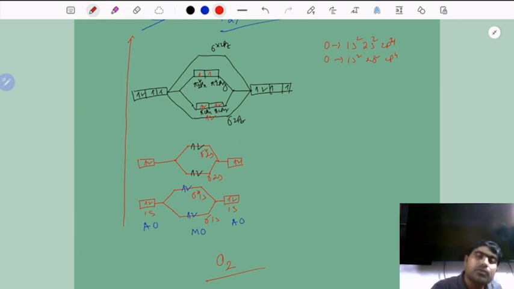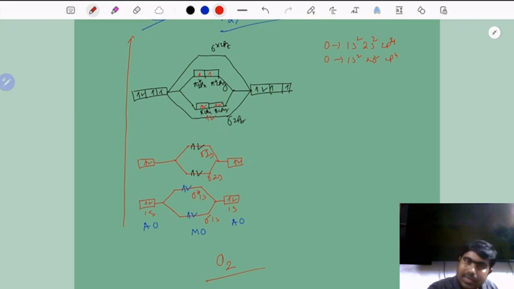If you go for the N2 molecule, pi 2px and pi 2py and sigma 2pz exchange their positions. That is, sigma 2pz goes to the upper position, and pi 2px and pi 2py come to the sigma 2pz position. They only replace each other's positions, because in this case the energy of pi 2px will be less for the N2 molecule, or atoms having fewer than p3 electrons.